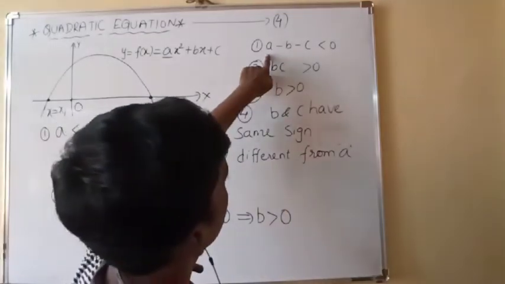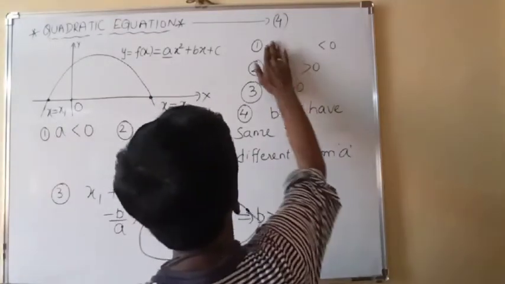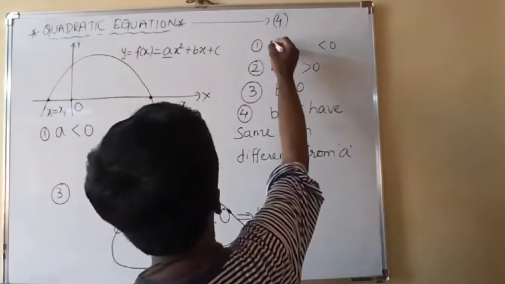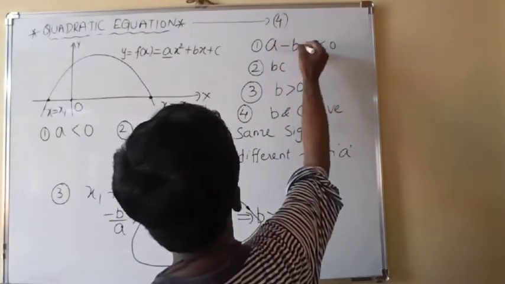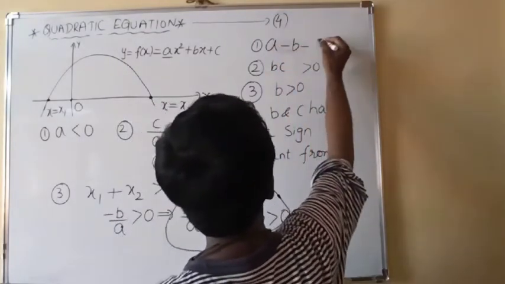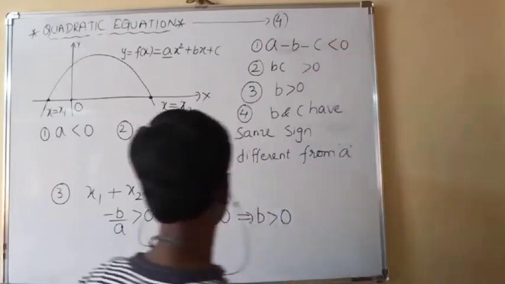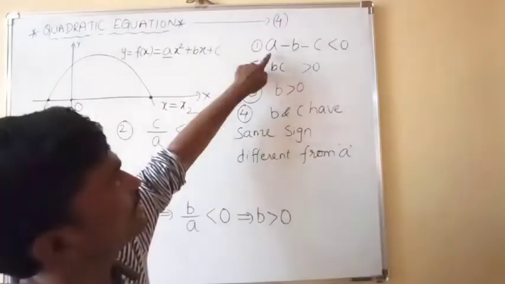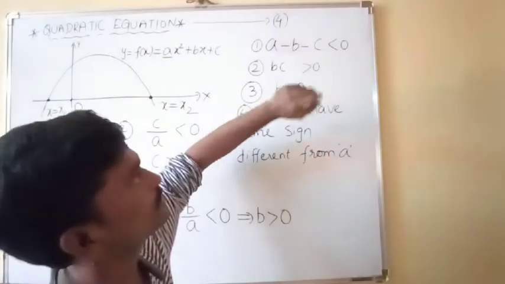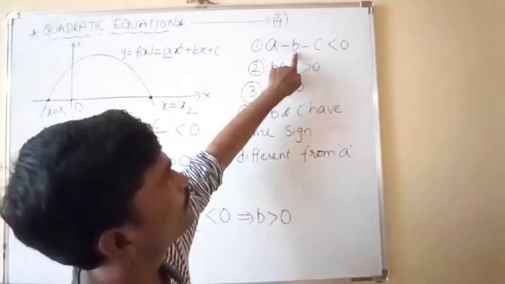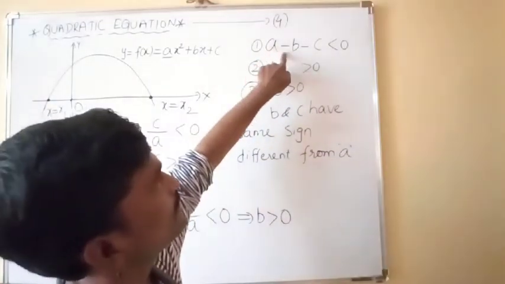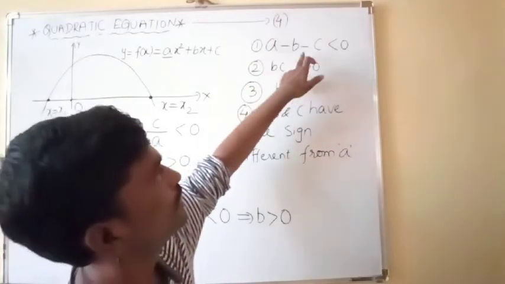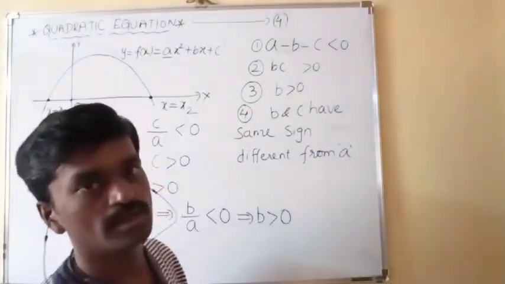As a is negative, the first option is given: A minus B minus C less than 0. So A is negative, B positive, C positive. A negative, B positive, so negative minus positive value is a negative value. Minus C again negative.